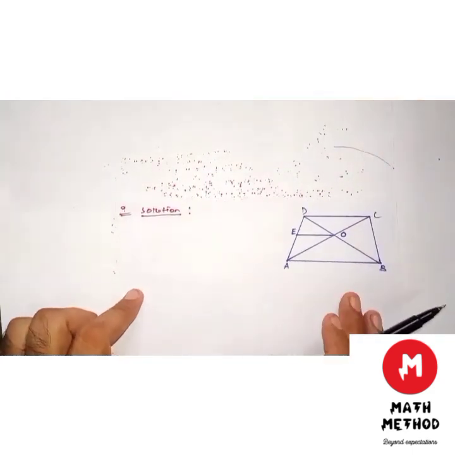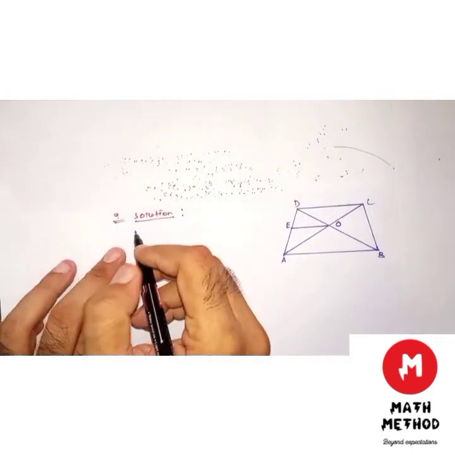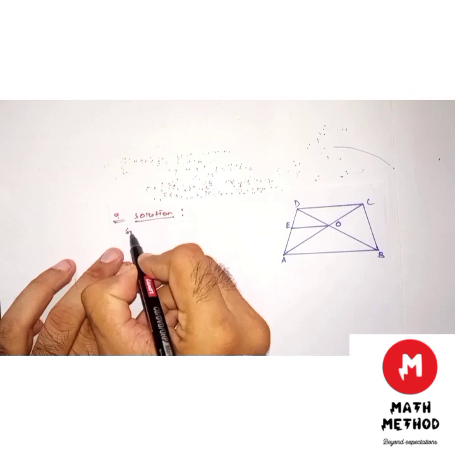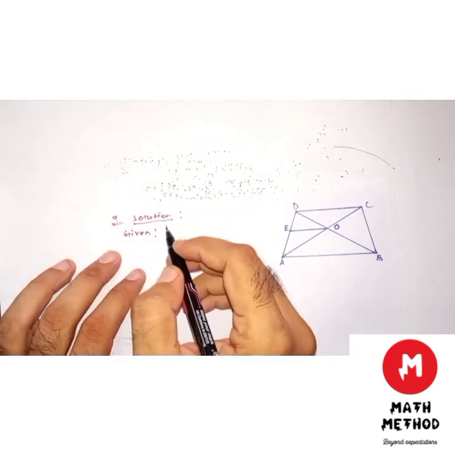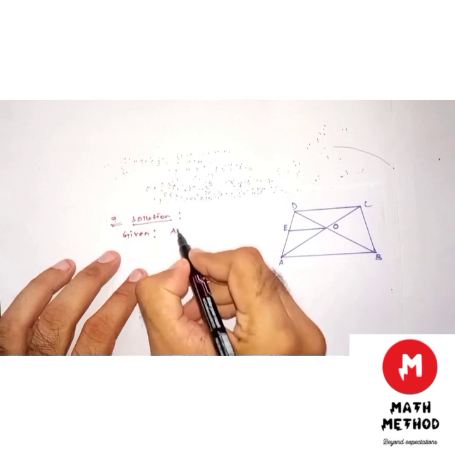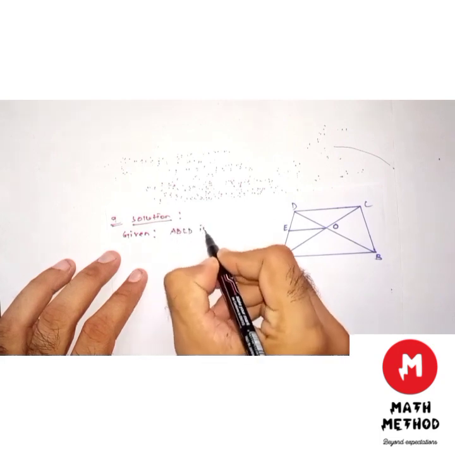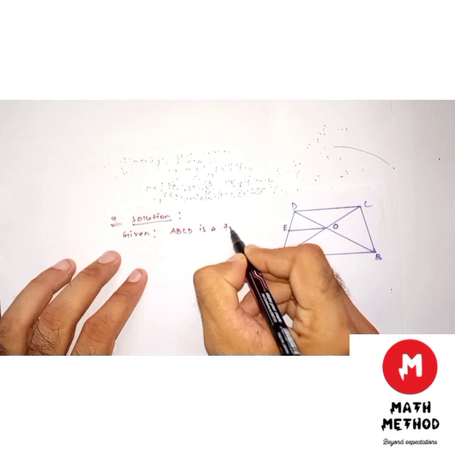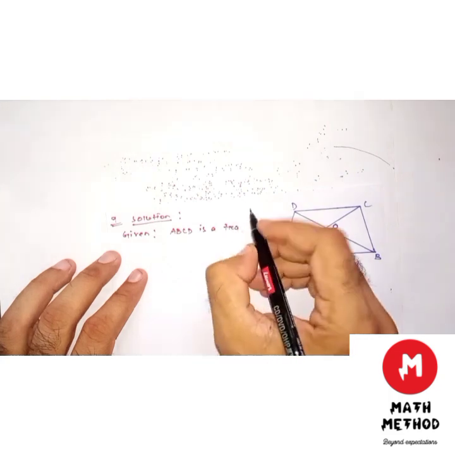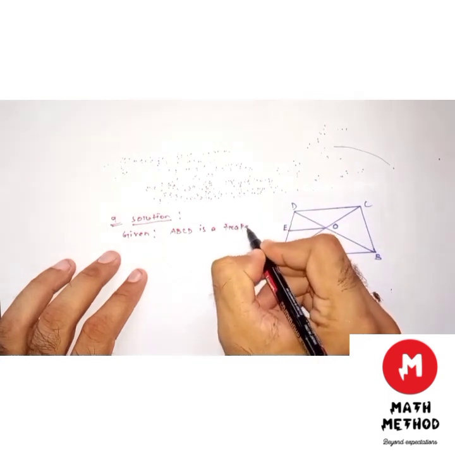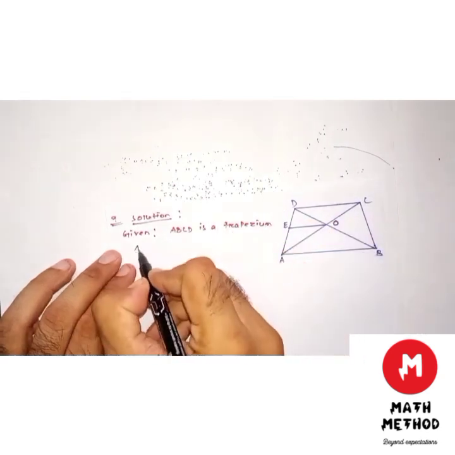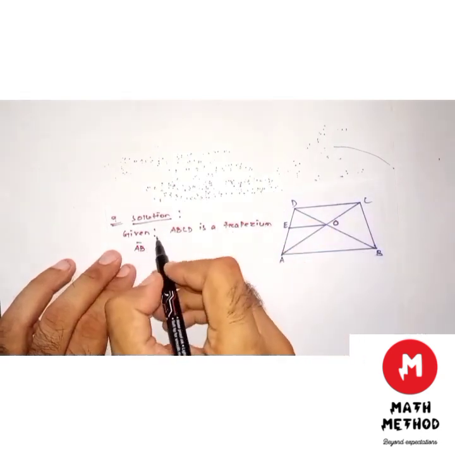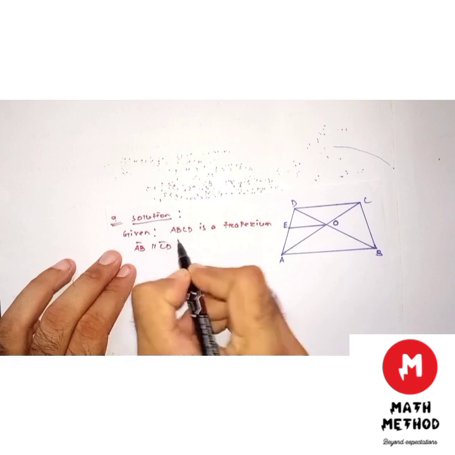Now our given is that ABCD is a trapezium whose AB is parallel with CD. Clear?